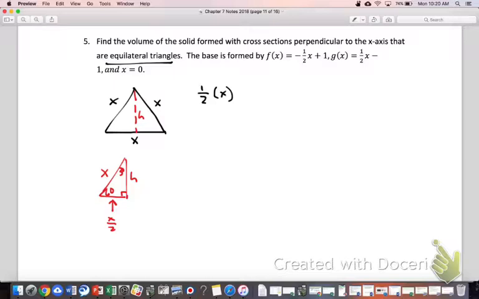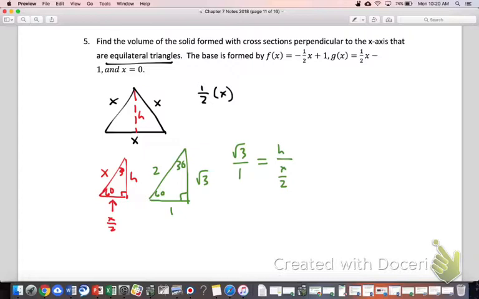If you did do a proportion, you could do a 30, 60, 90. So it'd be 1, root 3, and 2. Then you could just use any two pairs of sides. You could say something like root 3 is to 1 as h is to x over 2.